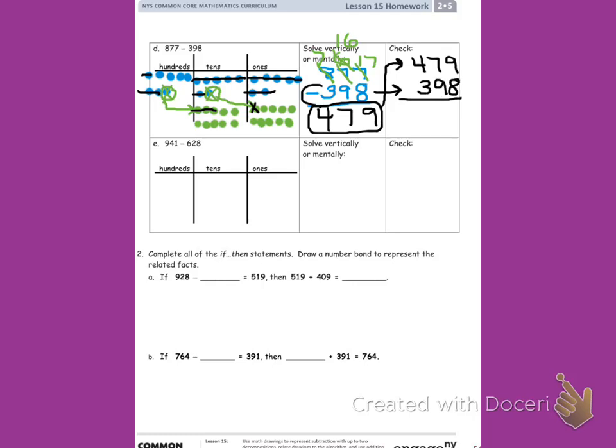I'll do the opposite of subtraction, which is addition. 9 ones plus 8 ones is 17 ones. There are 7 in the ones place and 1 in the tens place. 7 tens plus 9 tens is 16 tens, plus 1 more is 17 tens, or 170.